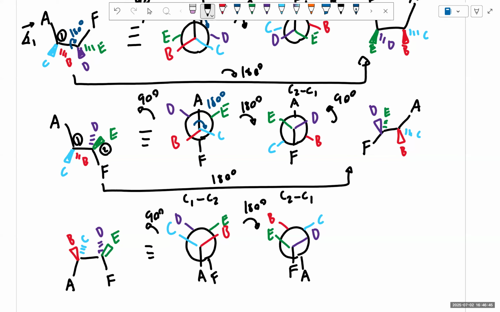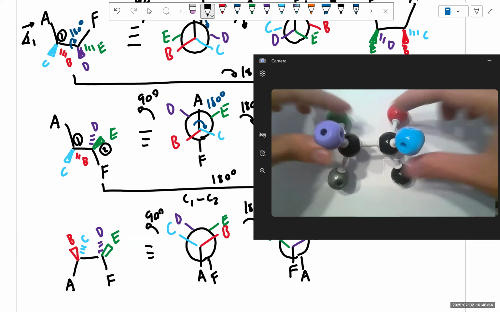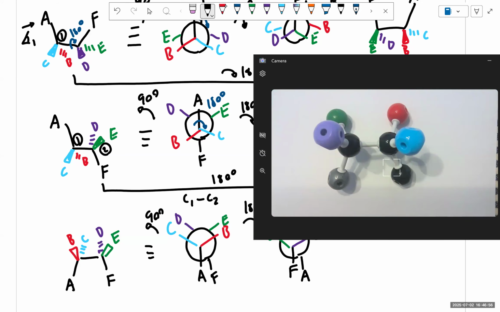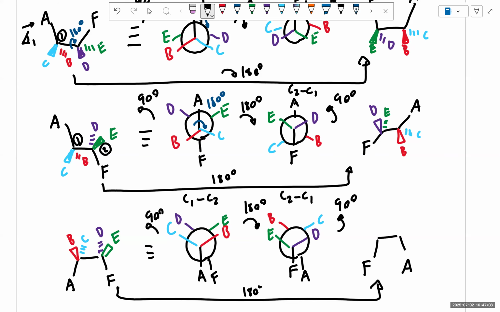If we want to convert this Newman projection to a Dash-Wedge depiction, we just take our model and we rotate it 90 degrees. That in turn gives us the following. As we can see, our Dash-Wedge structure has been flipped 180 degrees.